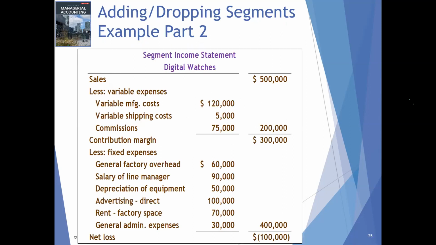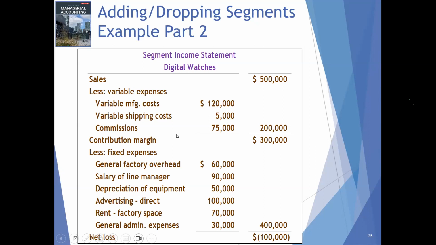Look at this screen and you will find sales of $500,000. Variable expenditures are $200,000 and $300,000 is the contribution margin. And we have fixed expenditure, which is also calculated here. The total fixed expenditure is $400,000 and the net loss is $100,000.